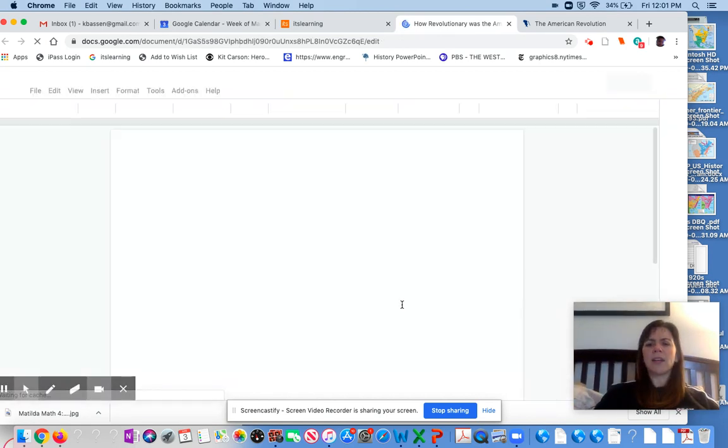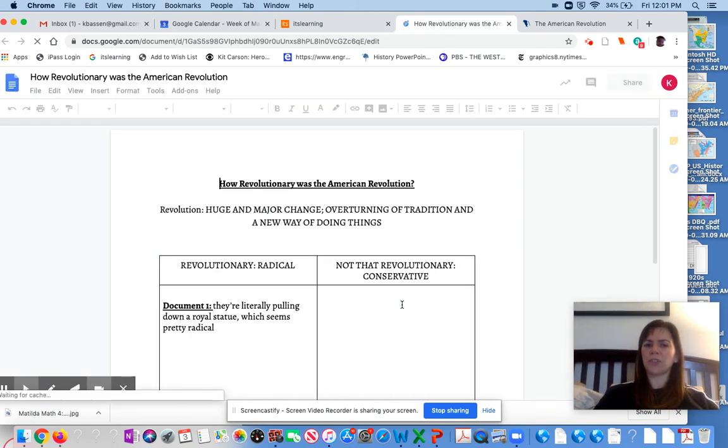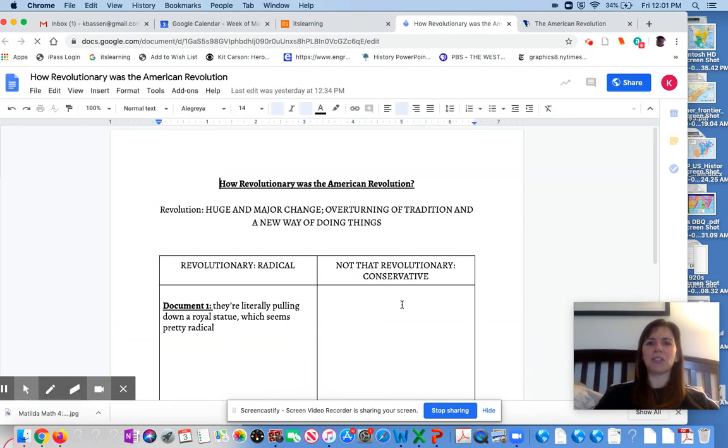And some of what you guys did was, some of you only looked at the sources I talked through, and the idea was actually more to look at all of the sources to figure out, well, there's 10 total sources. Based upon those 10 sources, was the American Revolution more radical in nature, or was it more conservative?